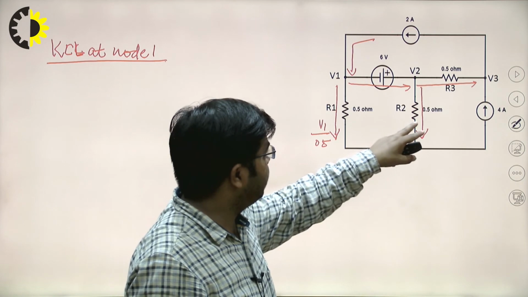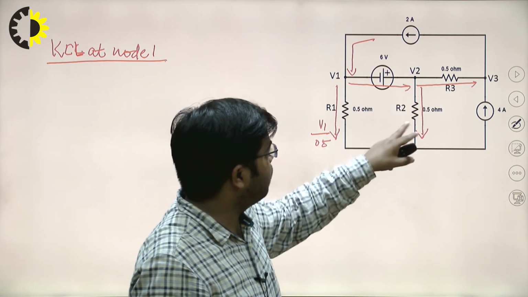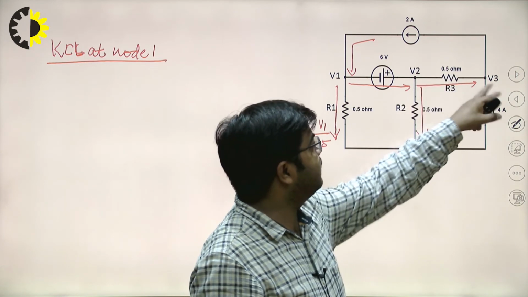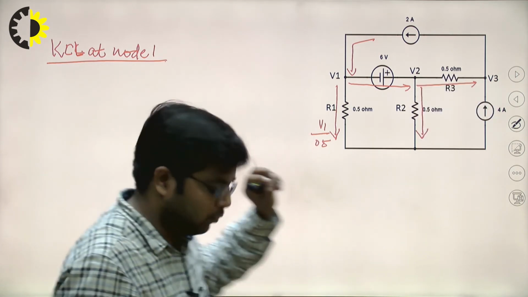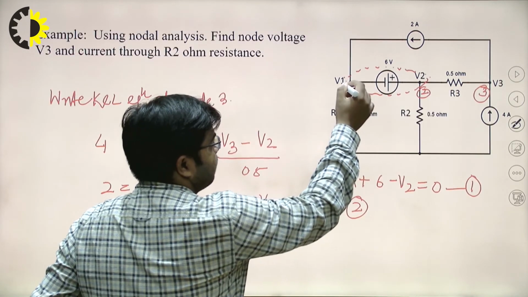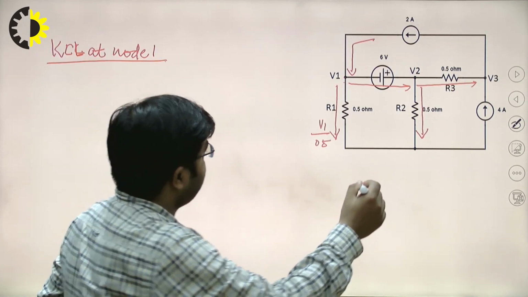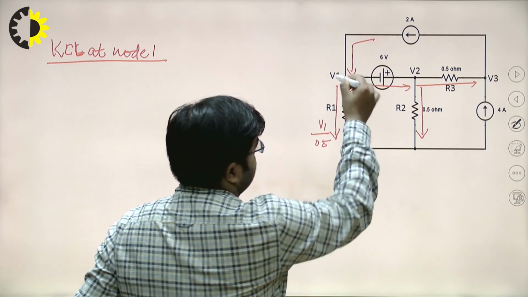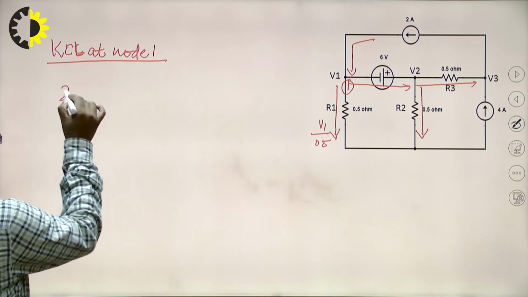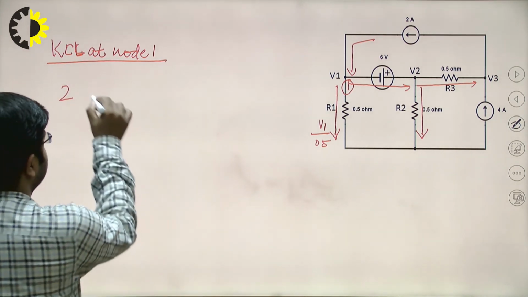What will be the value of this current? V2 divided by 0.5. And this one? V2 minus V3 divided by 0.5. So just apply the KCL at node 1. Incoming current is 2 ampere, which is equal to outgoing current.